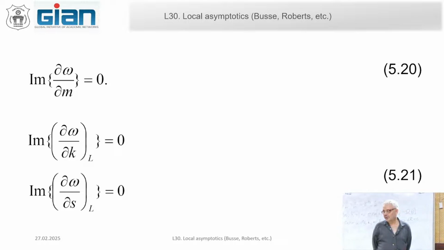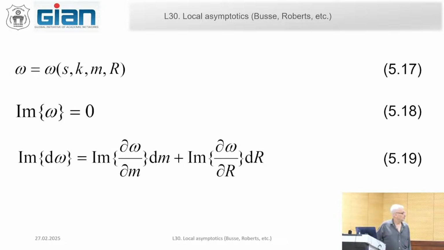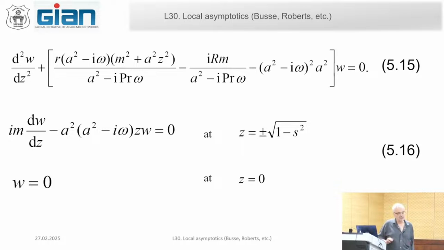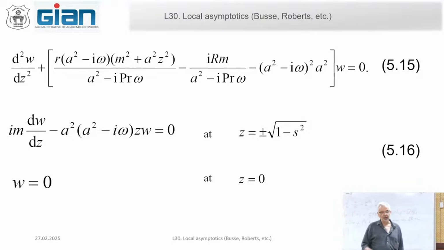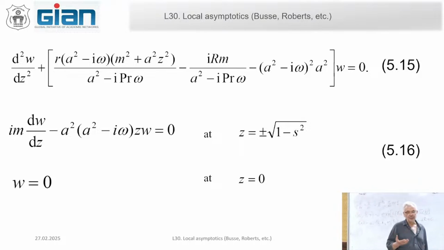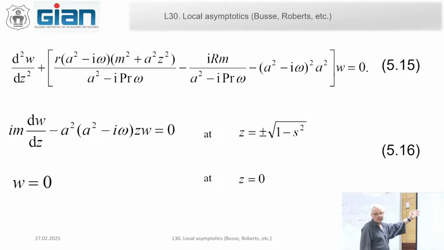But the major advantage of all this, as far as I could see, is that we reduce a very complicated system. You saw it. It was a system of actually eighth order in partial derivatives in all three variables. But eventually we reduce it to just one coordinate dependence.